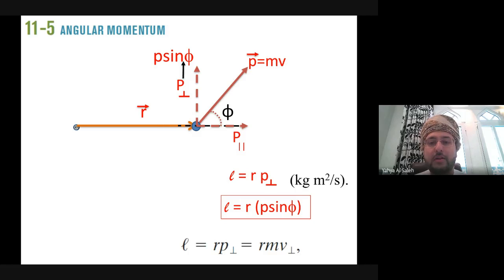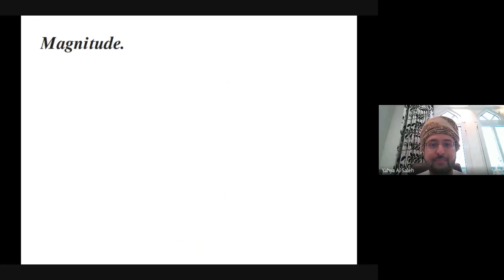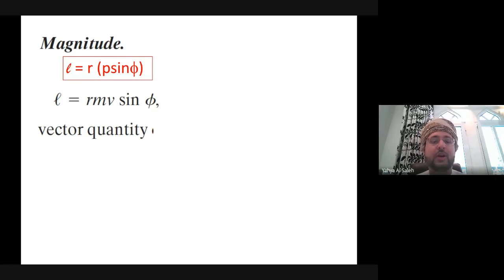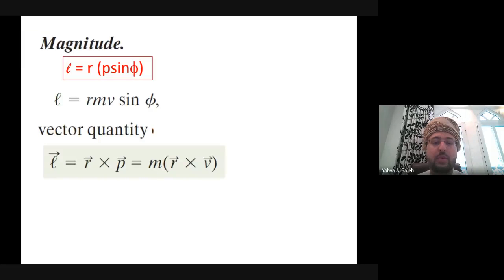P parallel, the angle between it and the rotation is 0 degrees. Sine 0 is 0. So, in terms of magnitude, we have L equals R cross P, which is the same as saying M R cross V.